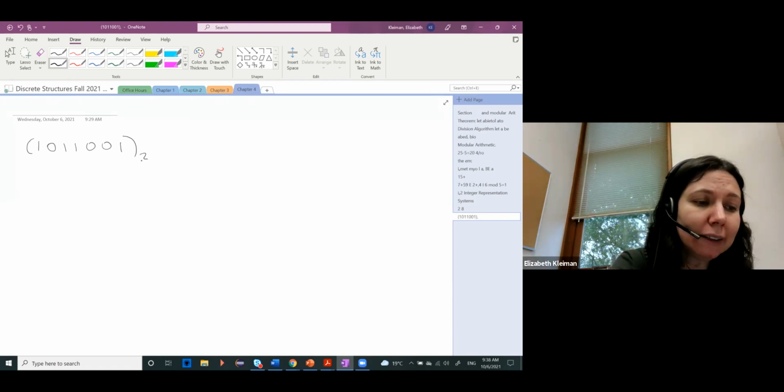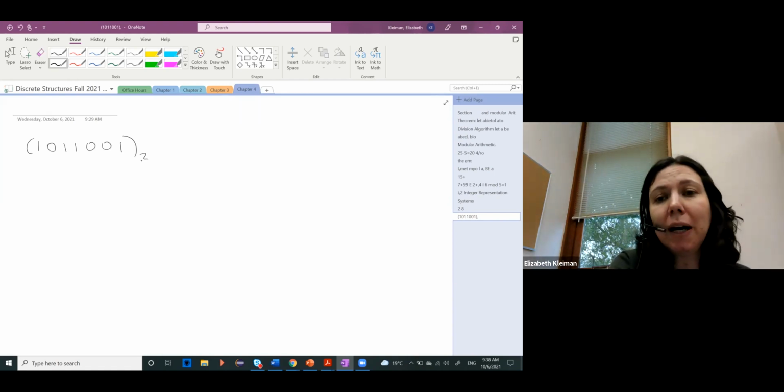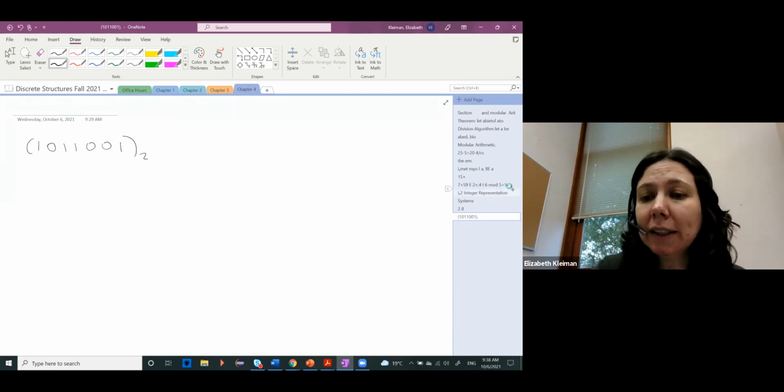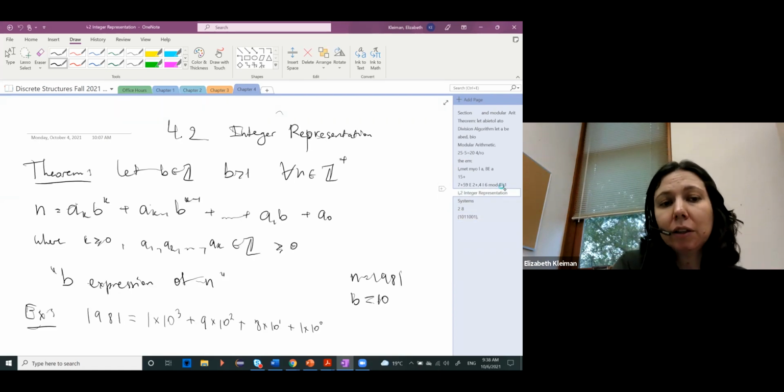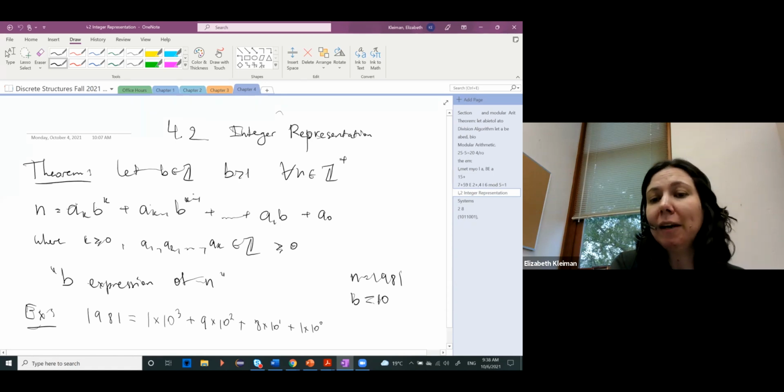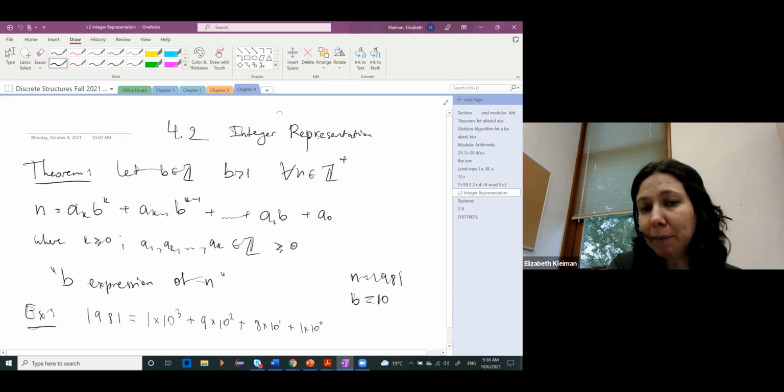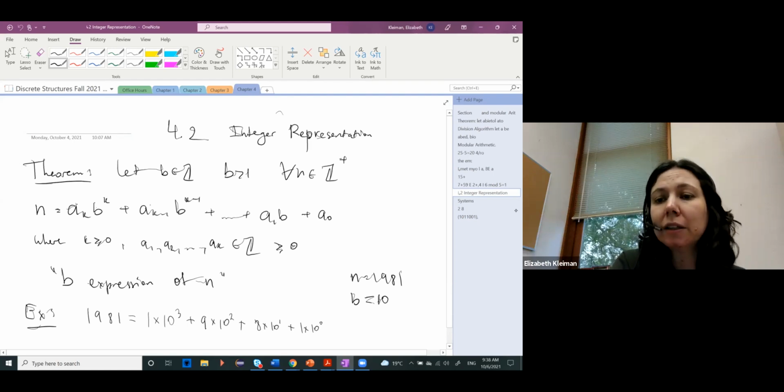Now, assume my exercise is to convert the binary number to a decimal number. Those are the ones where my theorem about expansion is going to be helpful. Remember this theorem, where it says that every number n can be represented as a_k multiplied by b to the power k plus a_(k-1) b^(k-1) and so on. So pretty much it's coefficient multiplied by base.